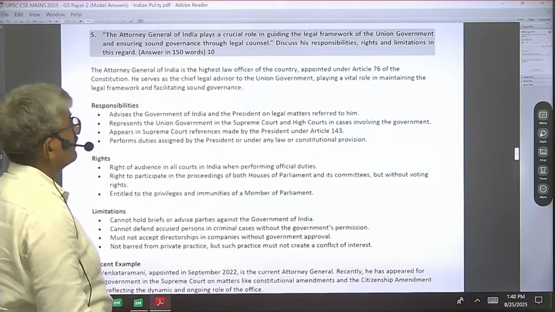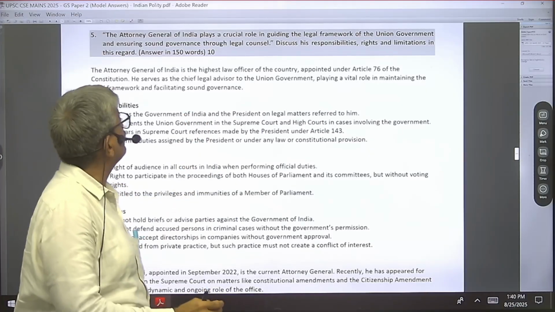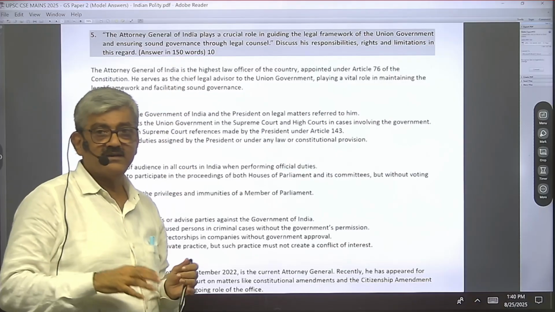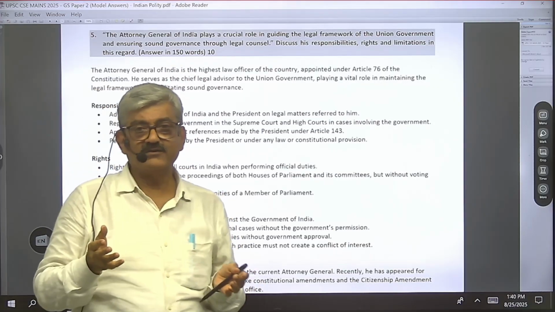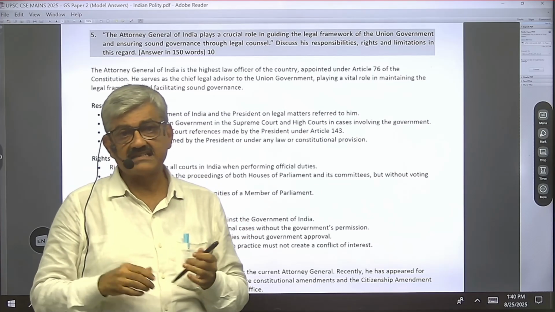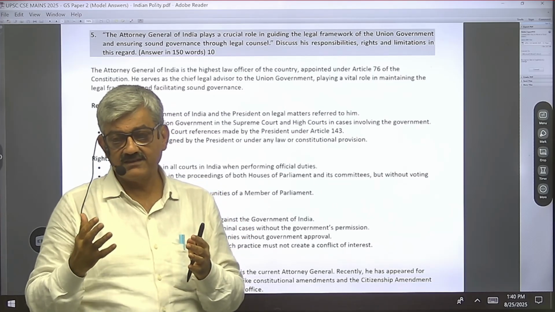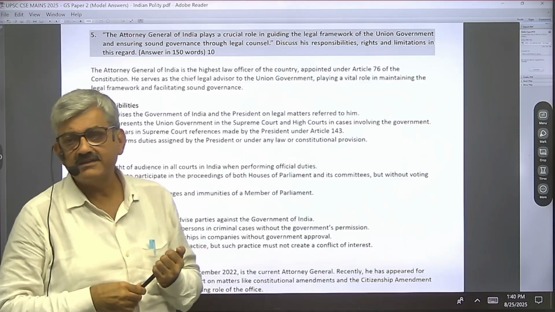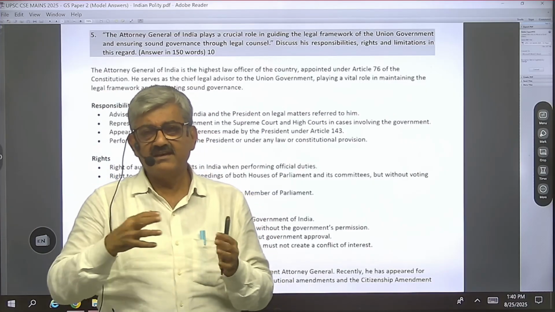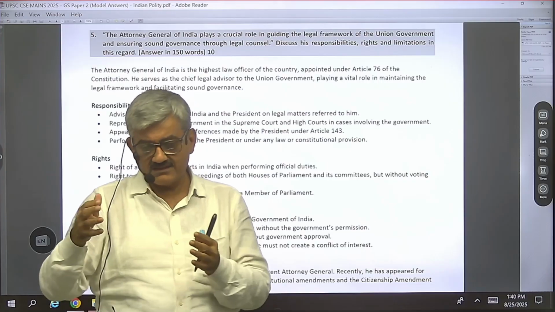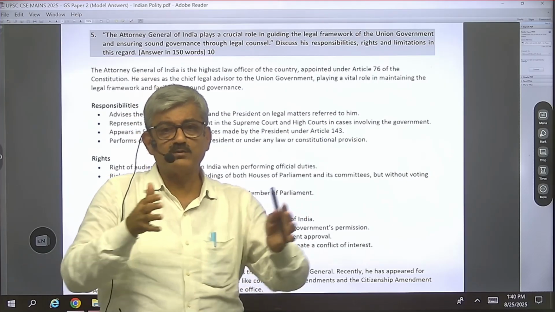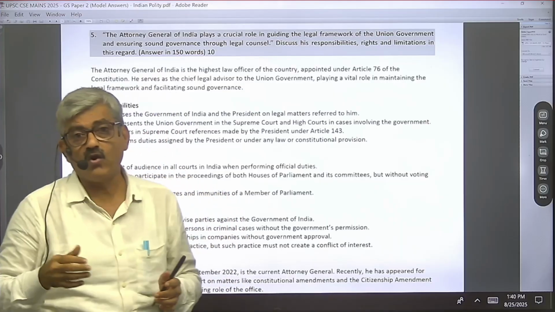Now the Attorney General of India, with a crucial role guiding the legal framework of the union government and ensuring sound governance through legal counsel. Again, we all know the Attorney General of India is the highest law officer. In the late 50s and early 60s, there was a movement that the Attorney General, which is still a constitutional authority, should be placed under the Ministry of Law, but it was not.